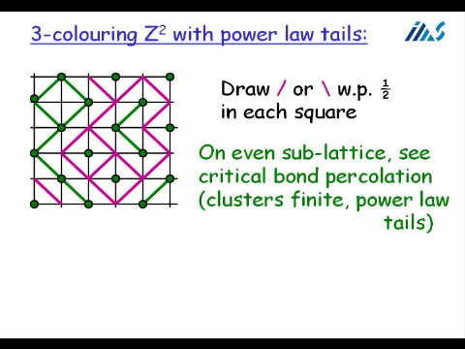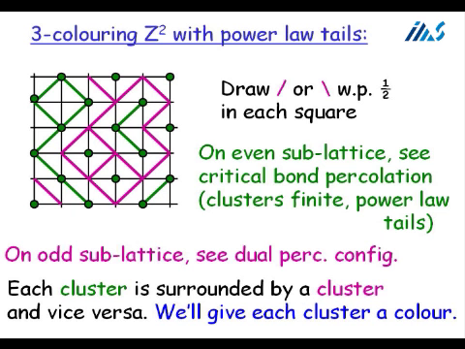So this is bond percolation on the green sites, and the purple bonds are the dual clusters. Okay, so using facts about percolation, each cluster is going to be finite, and the probability that a cluster is beyond a given size is going to have power law behavior.